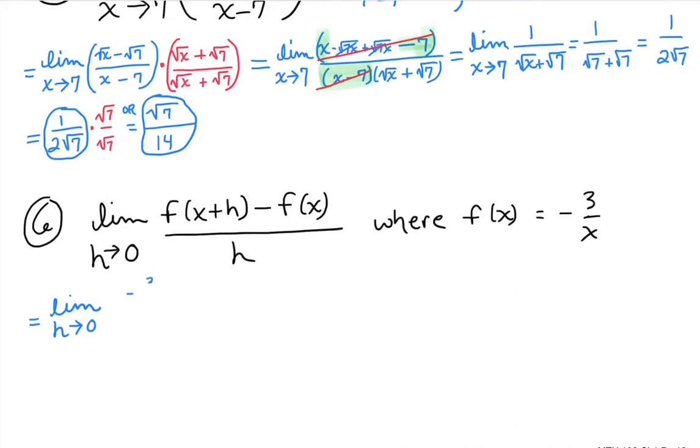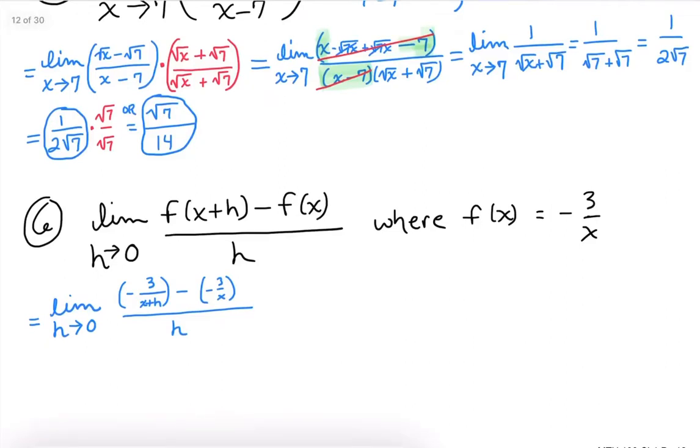So f of x plus h says we go into the f function. Every place where there was an x, we are replacing it with the x plus h. So we have negative 3 over x plus h. And then we have minus the negative, f of x is negative 3 over x. So we end up with minus the negative 3 over x. And this whole thing is over h.